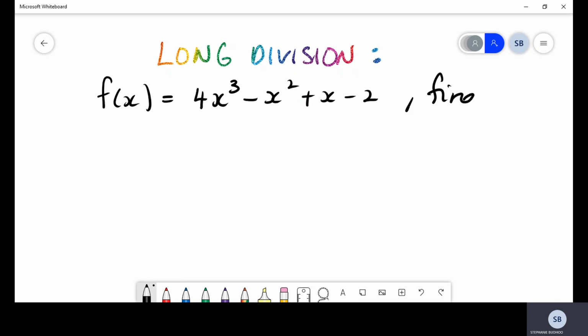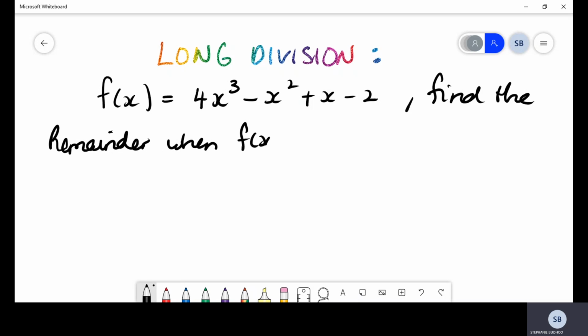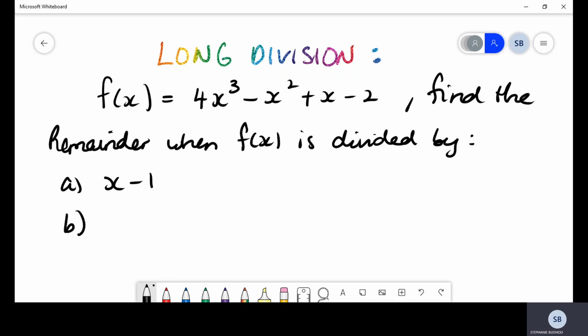So we want to find the remainder when our polynomial is divided by, let's try 2, divided by x subtract 1 as well as x plus 2. So I'm going to do both parts both ways using the remainder theorem as well as long division, just so we can compare.